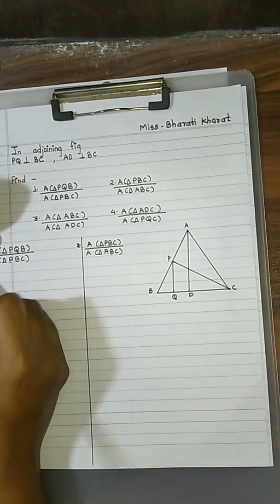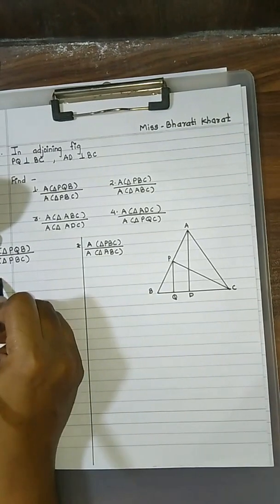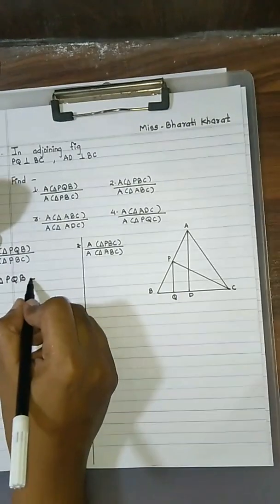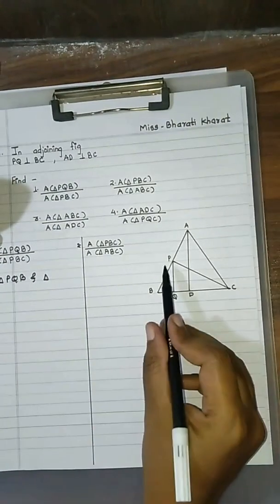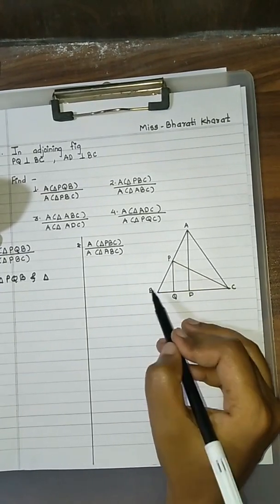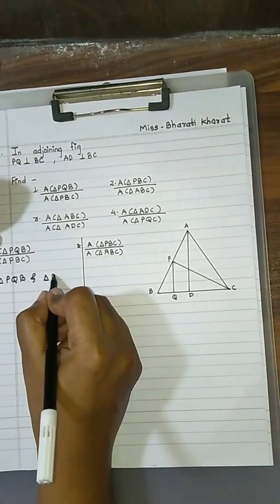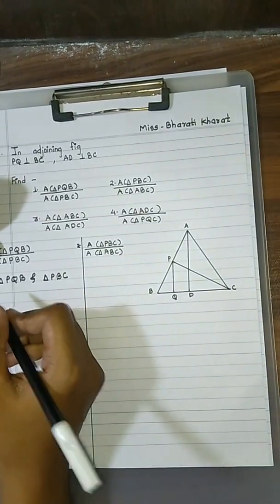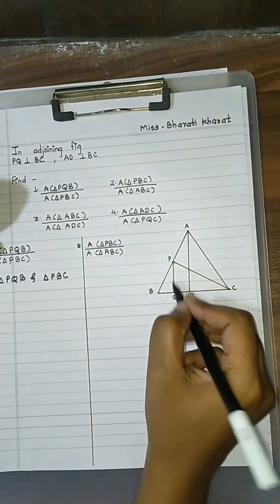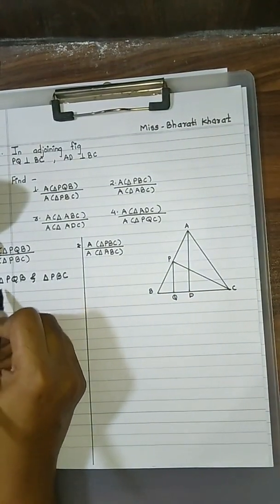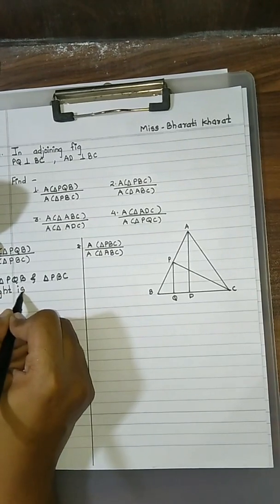Now in triangle PQB and triangle PBC, height is same, that is PQ.